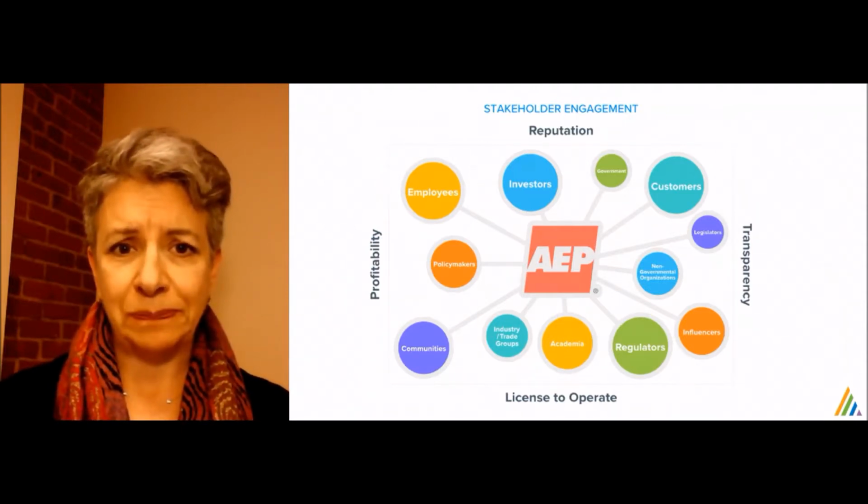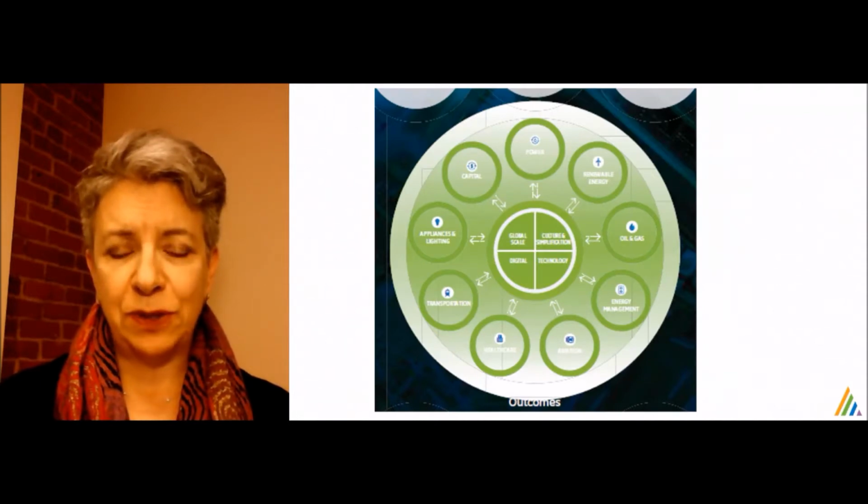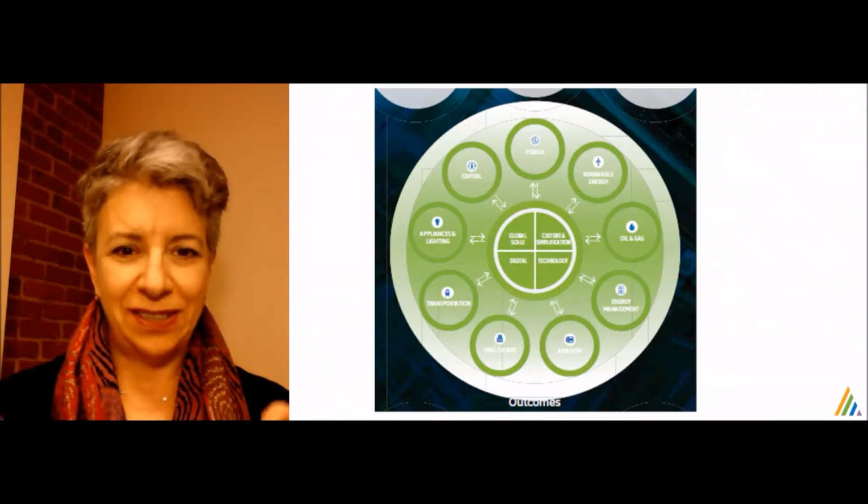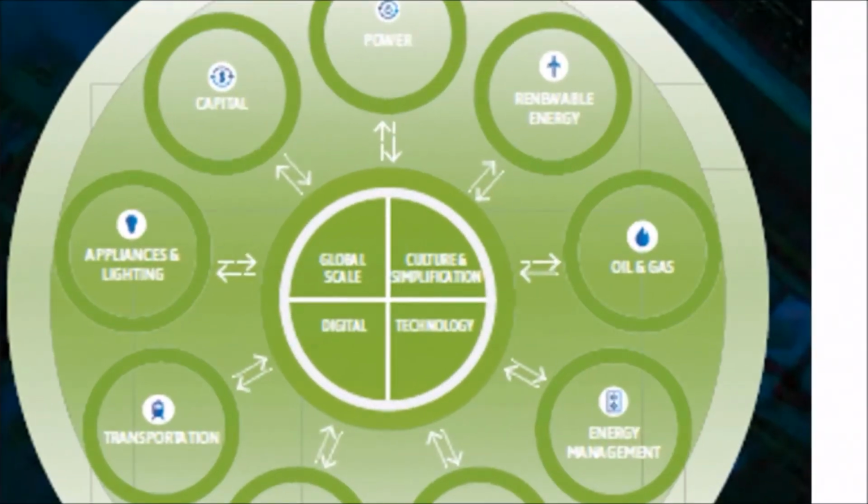The final example is from General Electric, and I know this isn't that easy to read, and you really just need to understand the concepts with the circles. Those circles on the outside are the key verticals that GE has. It's an enormous business, and here they have renewable energy, oil and gas, energy management, and so forth.